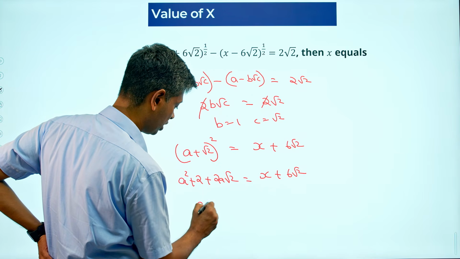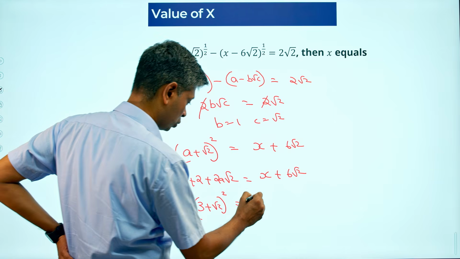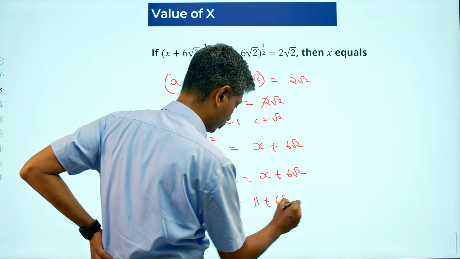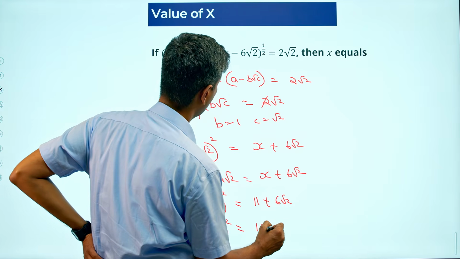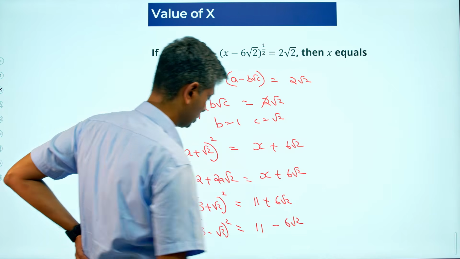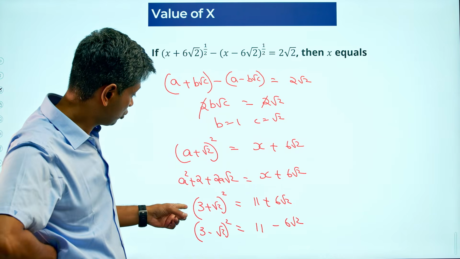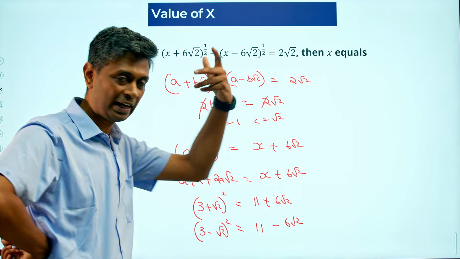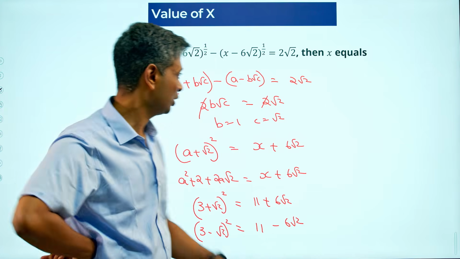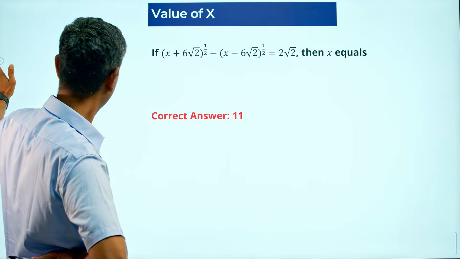So thinking about it, 3 plus root 2 the whole square is 9 plus 2, 11 plus 6 root 2. 3 minus root 2 the whole square is 11 minus 6 root 2. So 3 plus root 2 minus 3 minus root 2 is 2 root 2. Then x equals 11. In the street smart way, we can square it, double cube it, all of that and do it, but this is much better.